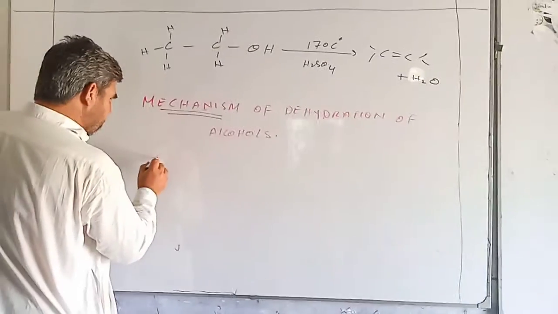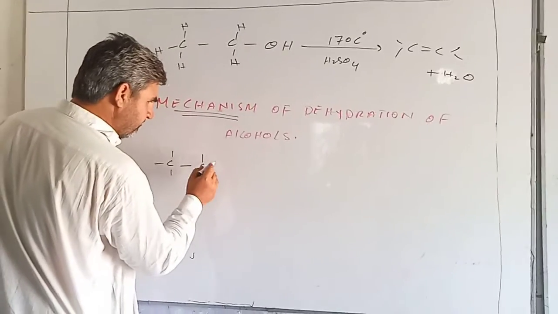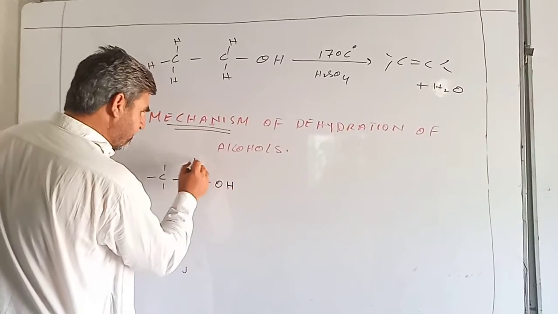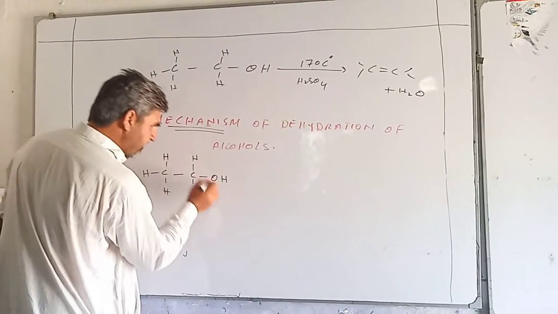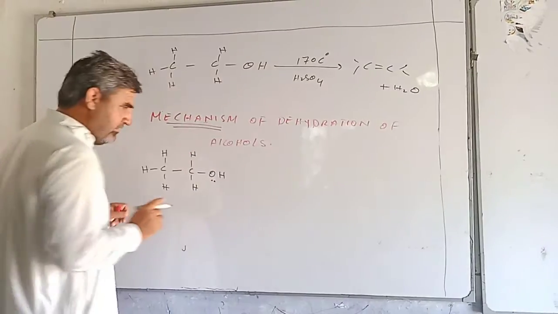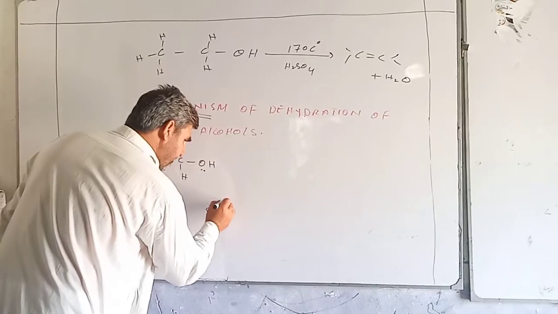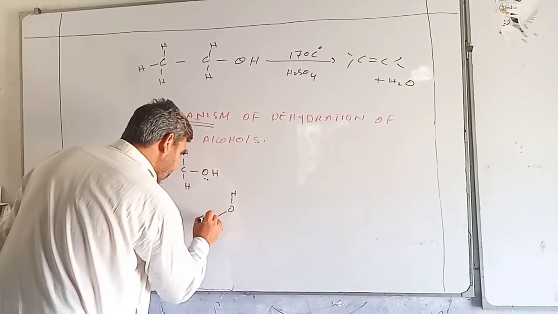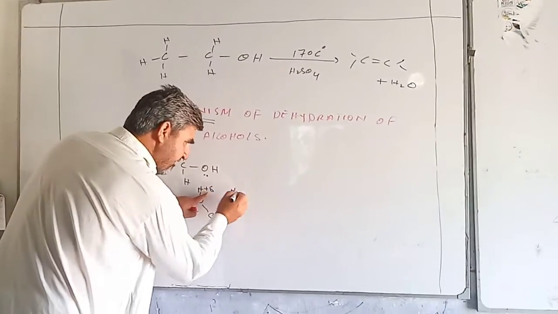Now we are going to explain the mechanism for the dehydration of alcohol. This oxygen has a lone pair of electrons, while the structure of H2SO4, as you know, is this. It carries a partial positive charge.